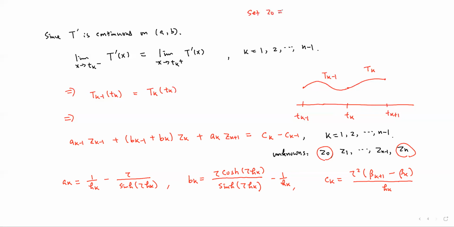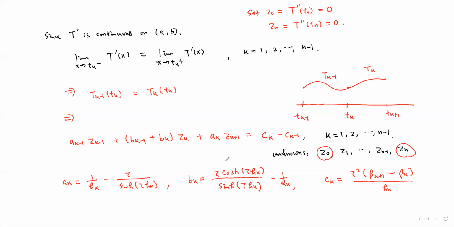Just like in the natural cubic spline, we usually set C0. What is C0? We call that the second derivative of t at t0. Usually we set it to 0, but you can assign any number. Cn is the second derivative at tn, usually set to 0. Then we have n minus 1 equations and n minus 1 unknowns.